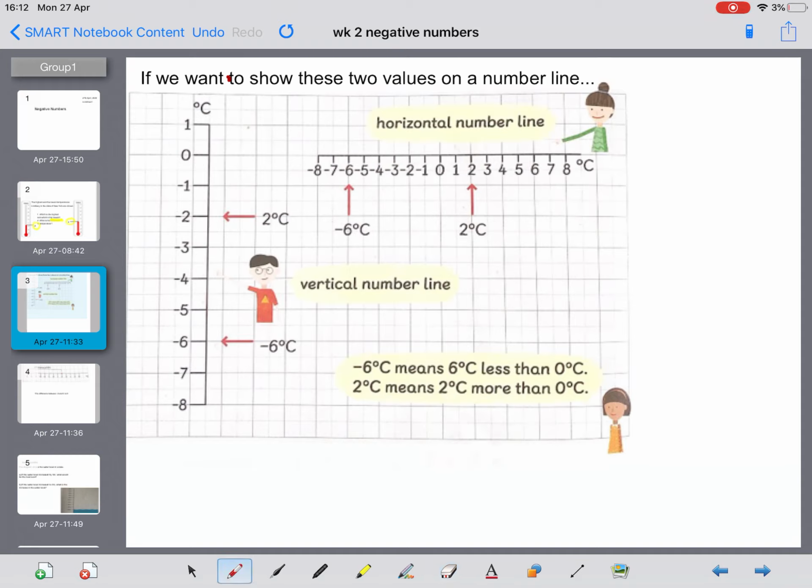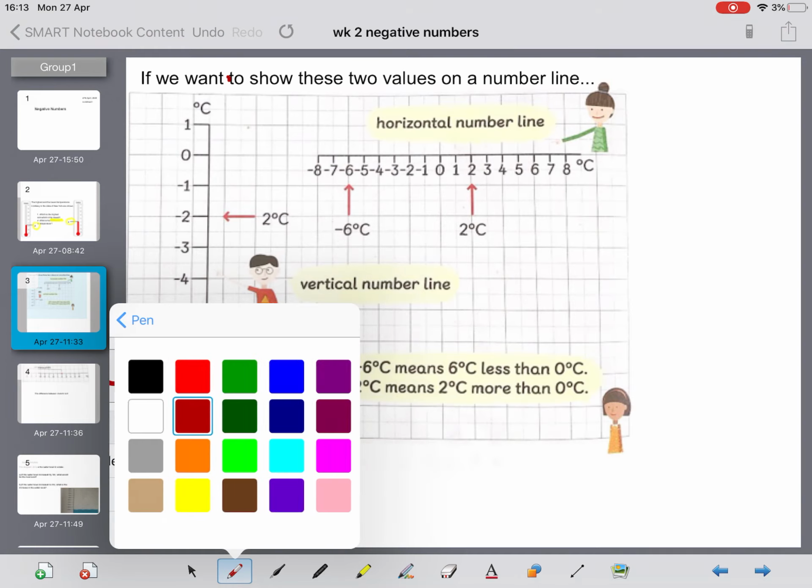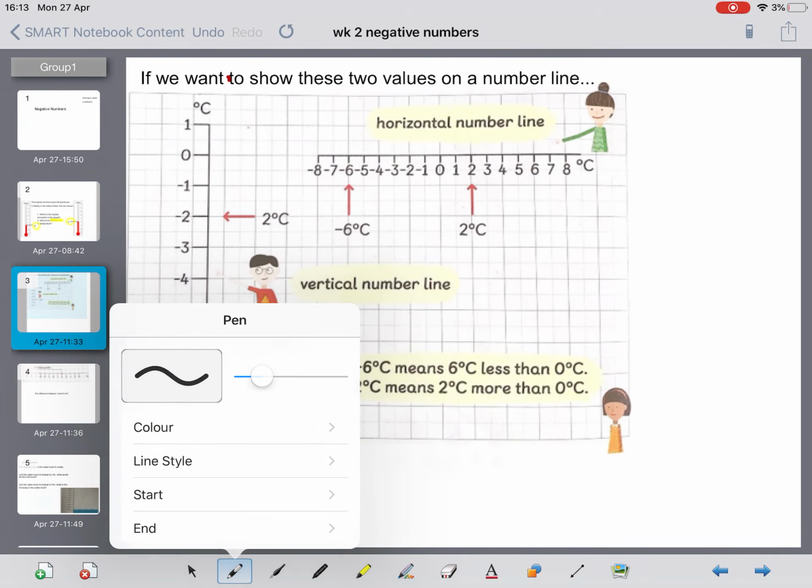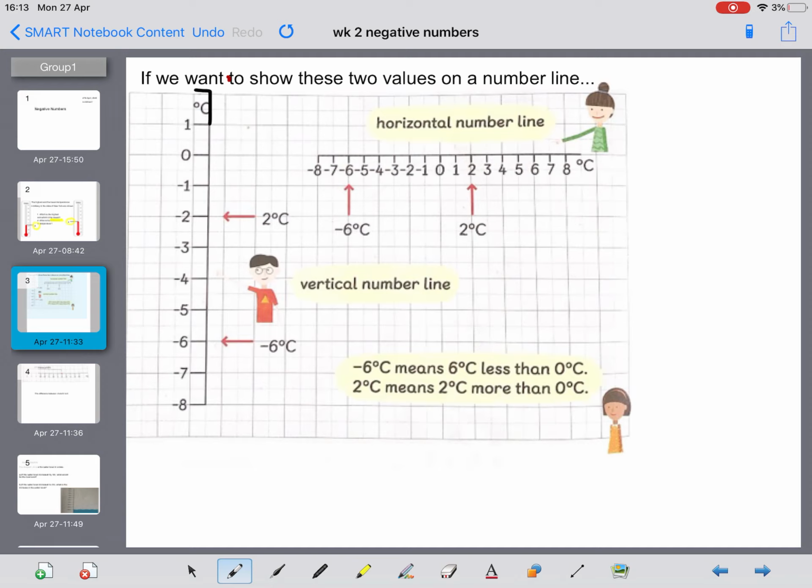However, I've taken a photograph of this one from the book, and as you can see, they've made a mistake. That's pointing to -2, not 2. So I'm just going to put in there where the 2 would have been, just up here. That would have been 2, and we're going to ignore this one.